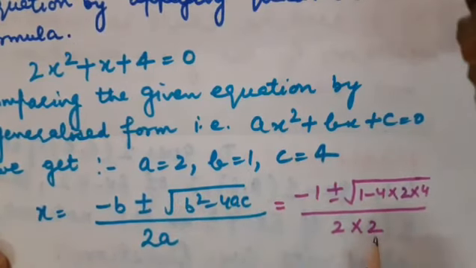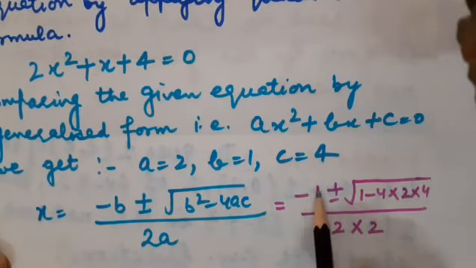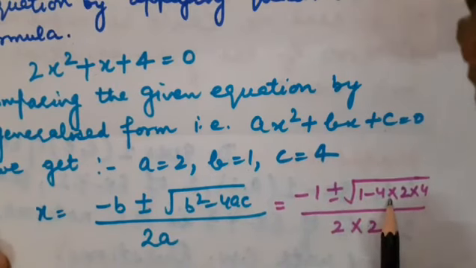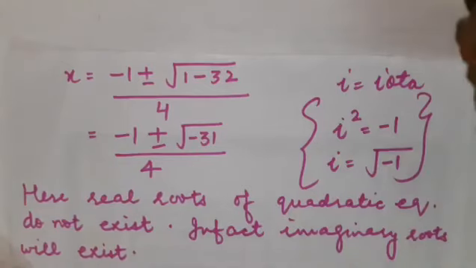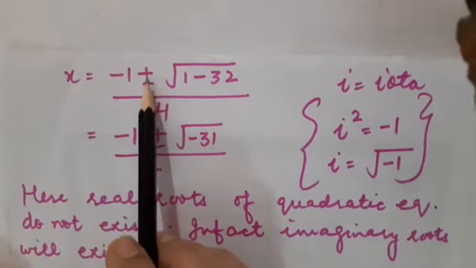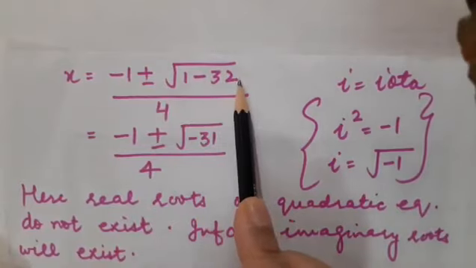What is a? That is 2. So I have got this as the complete expression, that is minus 1 plus minus whole under root 1 minus 4 into 2 into 4 upon 2 into 2. Correct children? Now after simplifying that expression, I have got x is equal to minus 1 plus minus whole under root 1 minus 32. Correct?